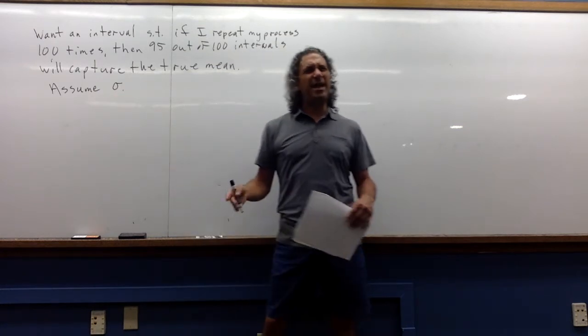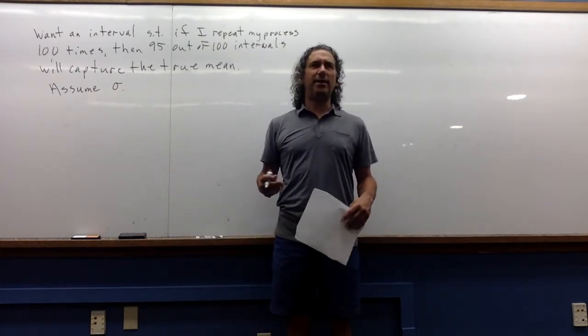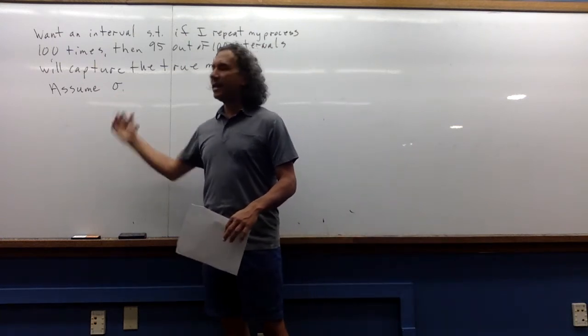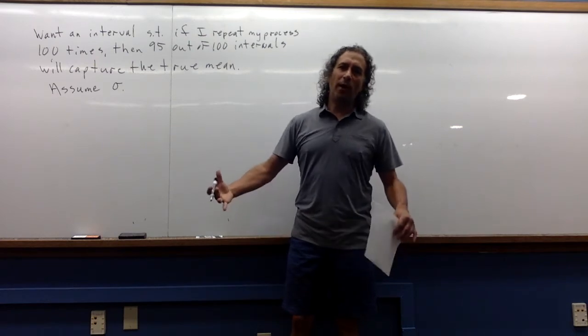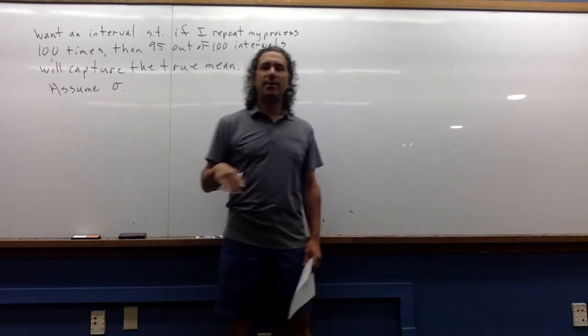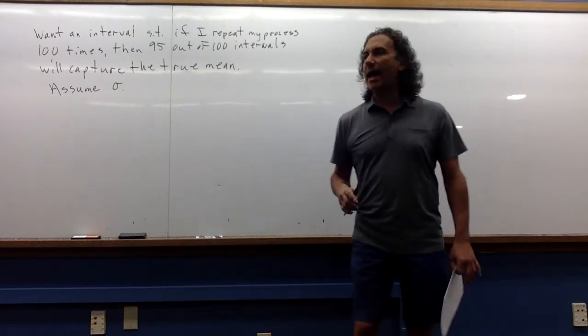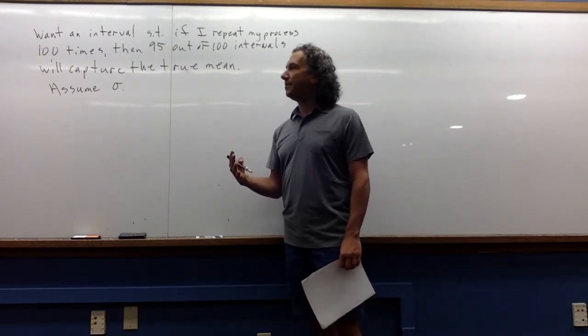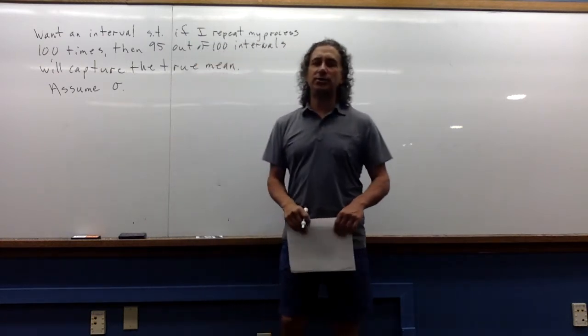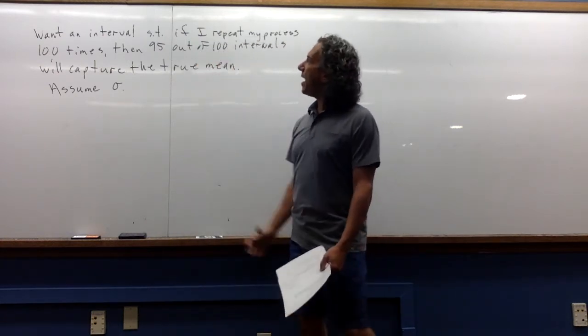But at the same time, the average weight might differ depending on, Western super active students might be a different weight than at a different university. So that's one way of thinking about it. Another way is we're going to loosen this up so that we don't have to assume sigma, but that requires some additional knowledge that we don't have just yet. So for now, we're going to assume that we actually know sigma. Okay, so how are we going to develop this?